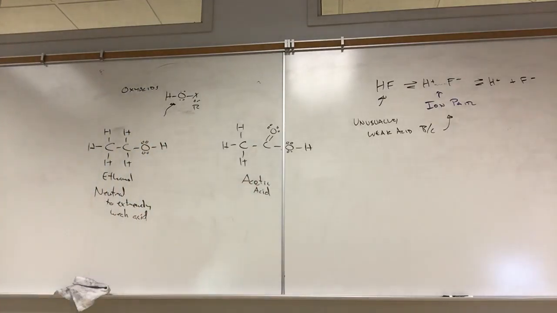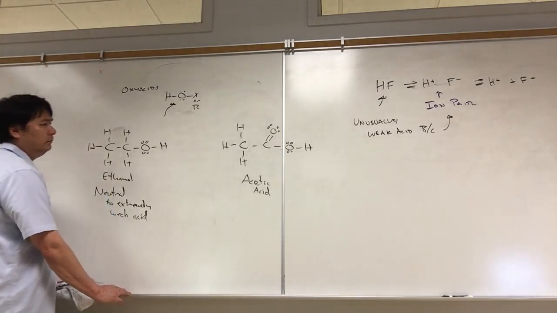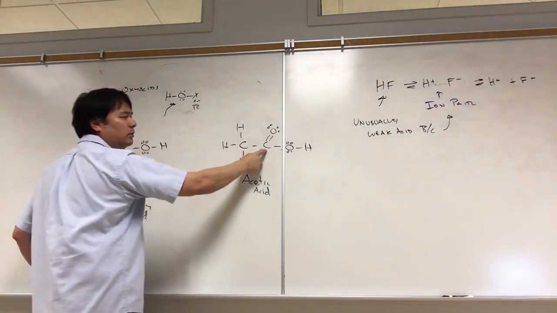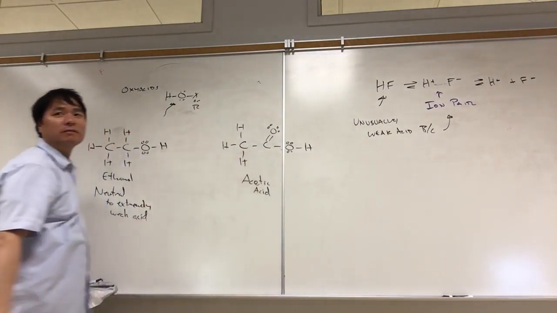And so they have the same bond strength, and they look like they have the same polarity. And so should they be the same strength acid? No. Because we look at the next atom. The next atom is carbon. Well, carbon is a 2.5. Both of these have carbon.